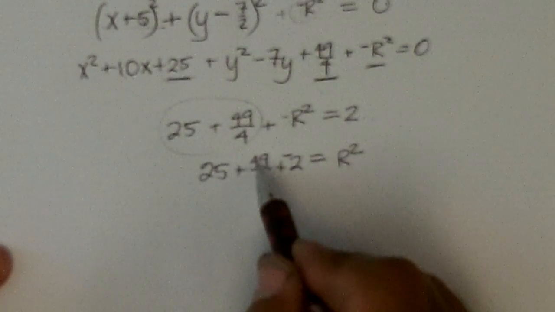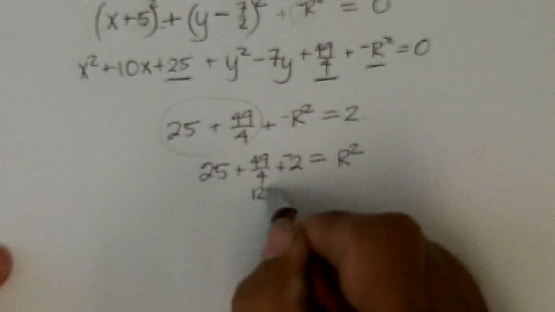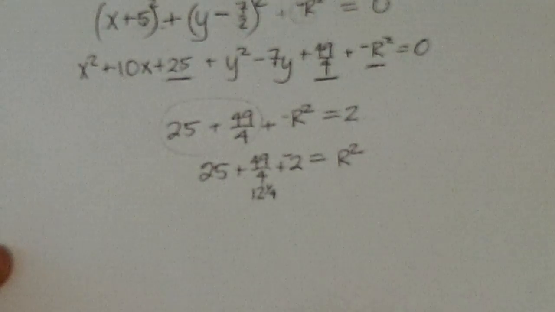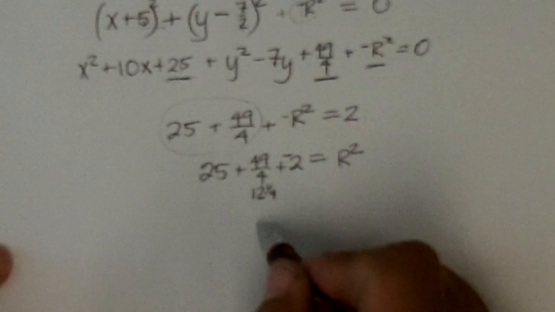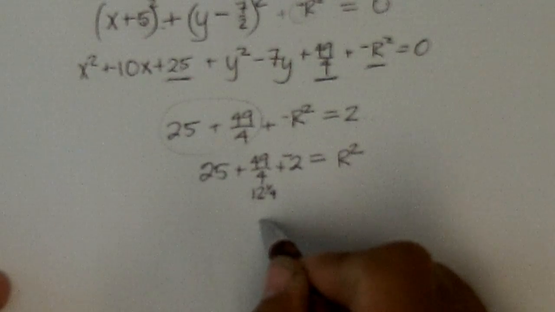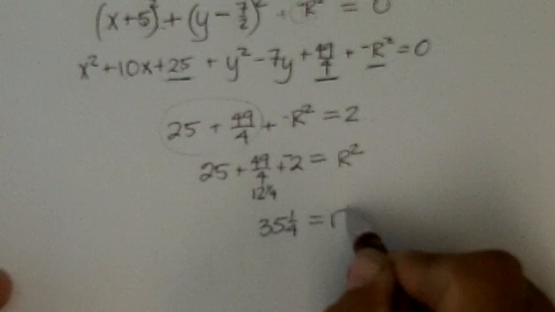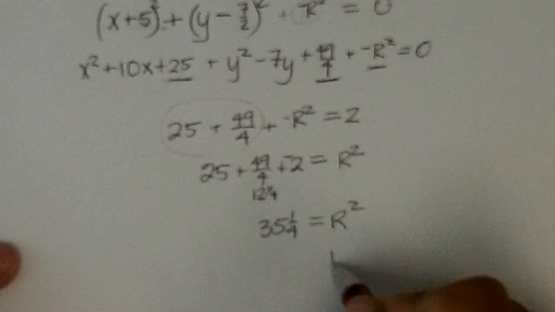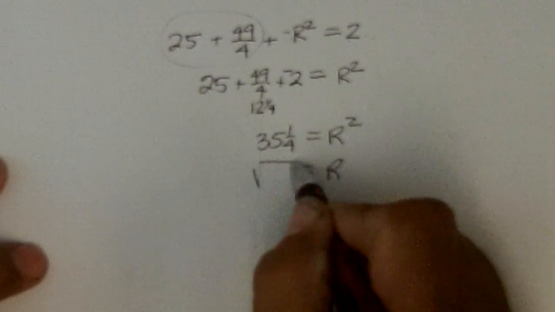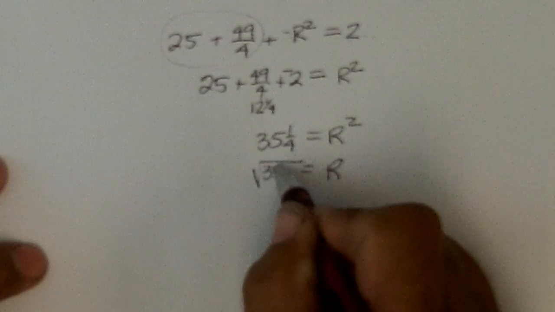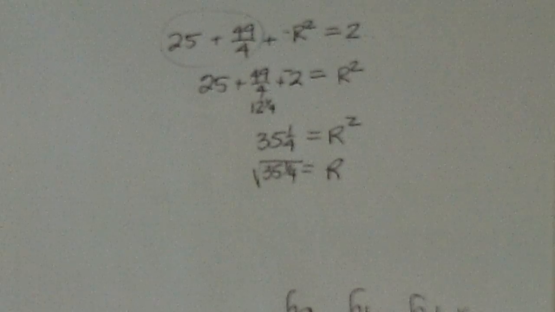And now we've got 49/4, that's 12 and 1/4. If I take 2 from that, I get 10 and 1/4, added to 25, that's 35 and 1/4. That is r squared, and so the radius would be the square root of 35 1/4. And you might be able to reduce that, simplify it.